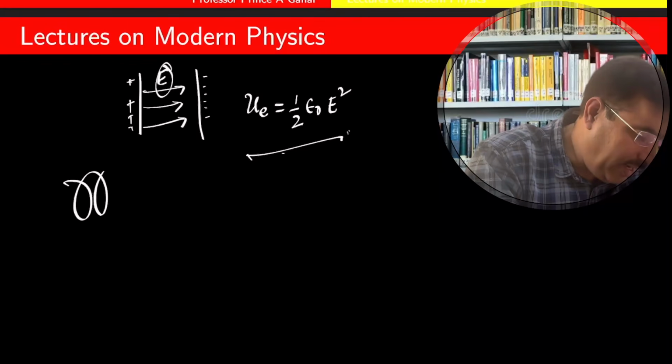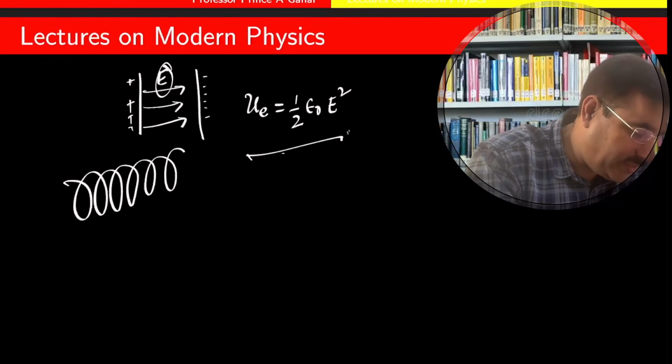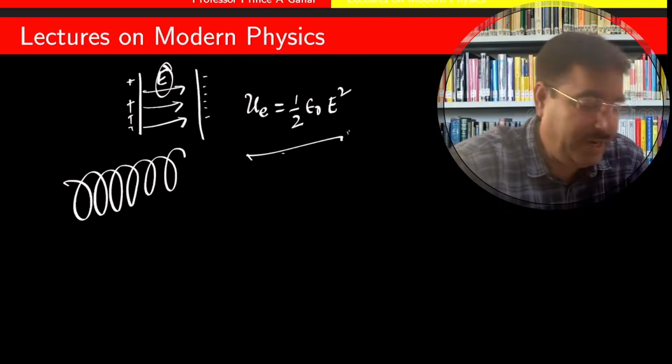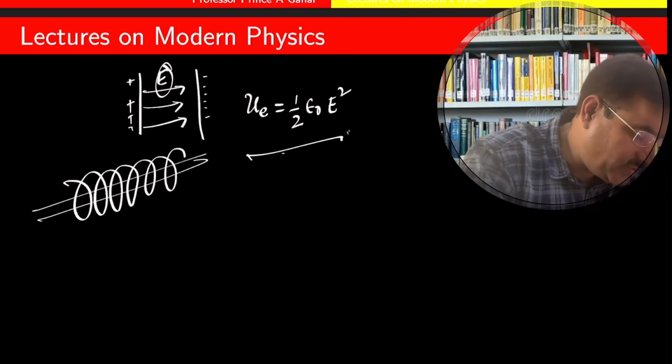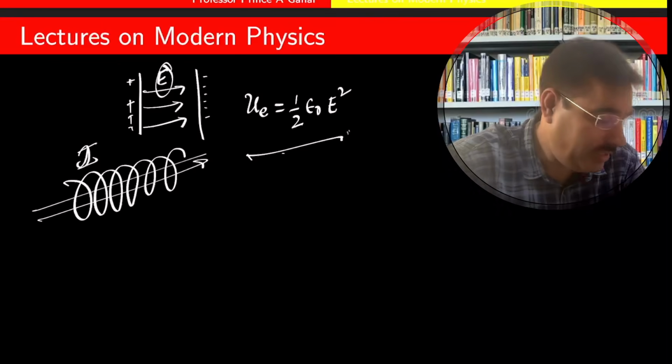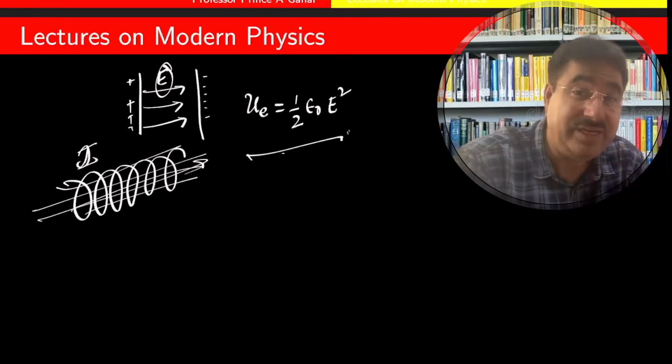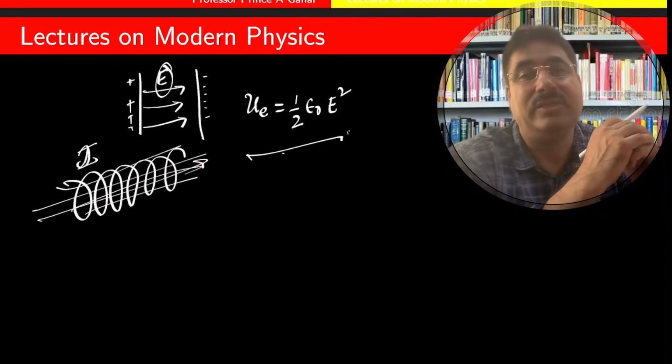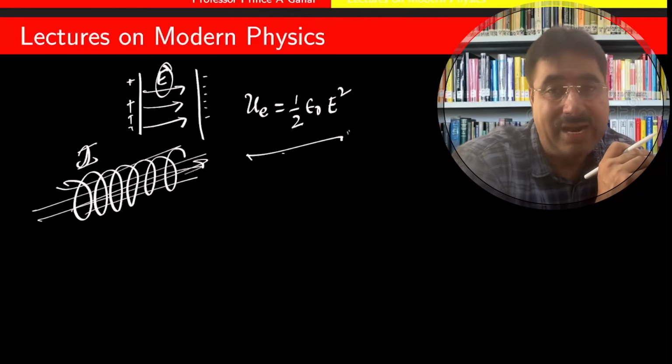Then we have another interesting device we call a solenoid. If we pass a steady current I through the solenoid, a magnetic field is established, and the energy stored in the solenoid is in the form of magnetic field.